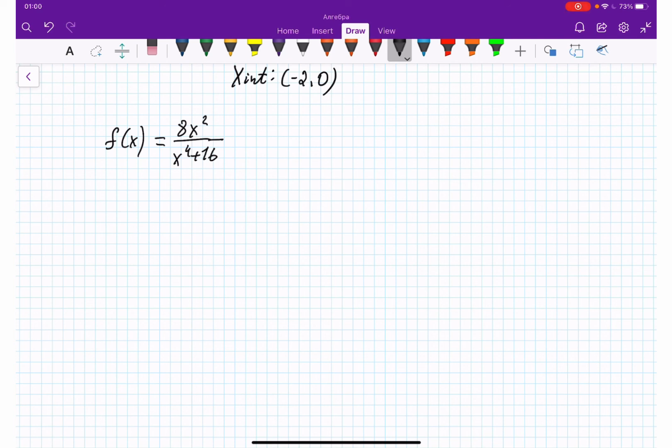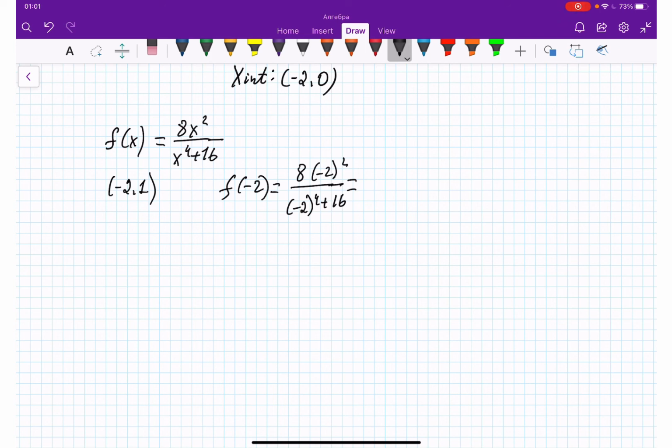All right, so real quick, does the point negative 2 and 1 belong to this equation, or the graph of this equation? Well, let's figure it out. f of negative 2 is equal to 8 times negative 2 squared over negative 2 to the power 4 plus 16.